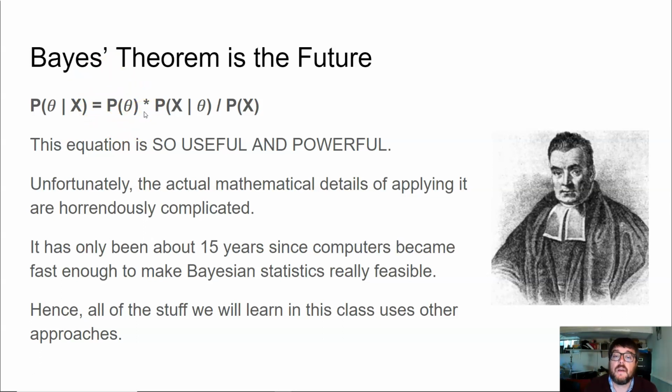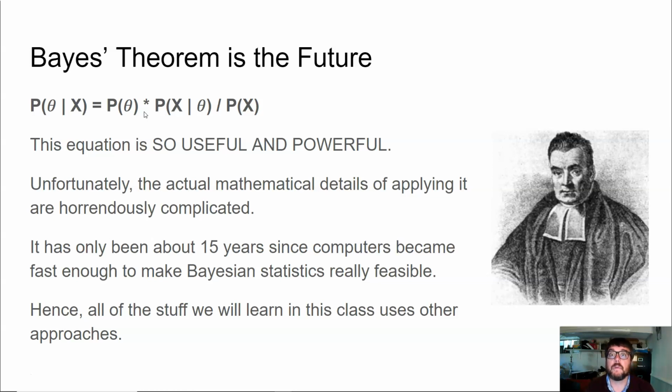So nowadays, computers are fast enough to do this, but for the first 300 years or so of Mr. Bayes' theorem, it was a nice idea, but no one would actually use it. Now, it is the fundamental part of how people compute things in stats. So if you go on to do stats, you'll use Bayesian statistics most of the time.